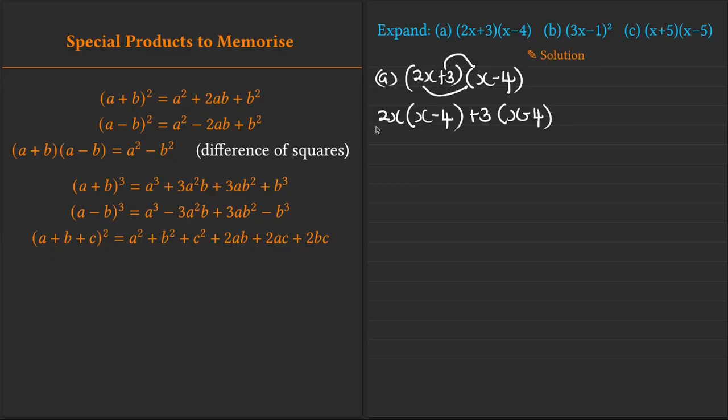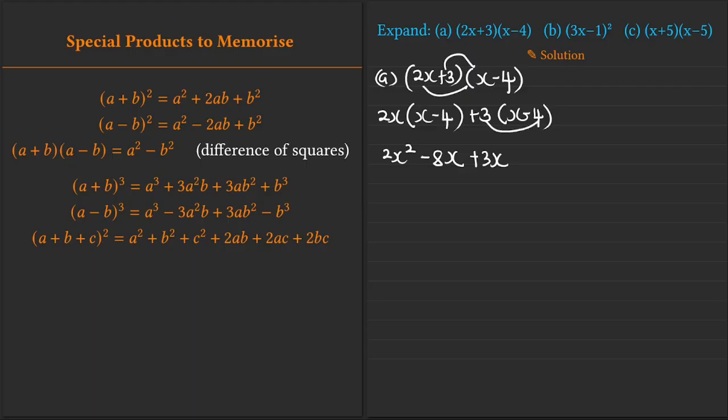So with this, our 2x multiplies x. 2x times x gives us 2x squared. Then 2x times negative 4, so 2 times 4, we have a negative 8 with the x. Then 3 times x gives us a 3x.